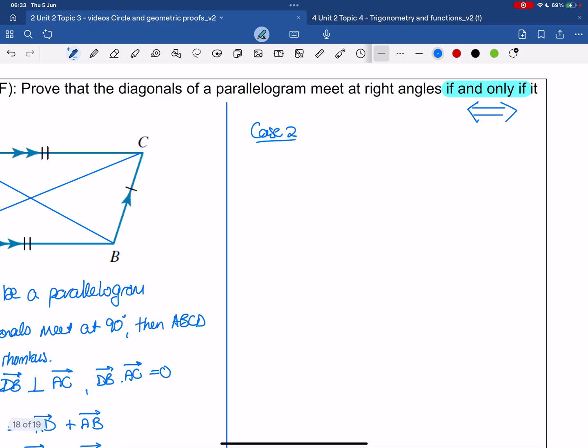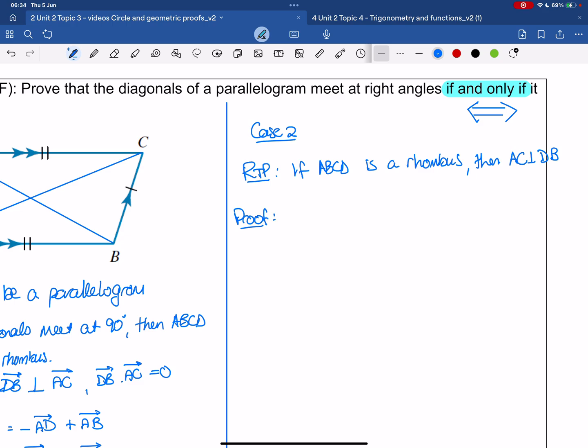Okay, so here we are required to prove that if ABCD is a rhombus, then AC is perpendicular to DB. All right, so let's do our proof for that.